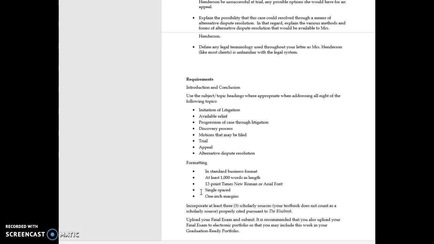Obviously, in the legal world, if we don't cite things, then it doesn't have as much backing behind it. So you always want to cite information as you go through. We're looking for at least 3 sources here. You can use sources that were in the lecture materials. You can use other sources that you have.